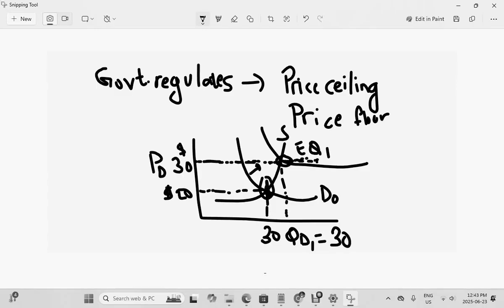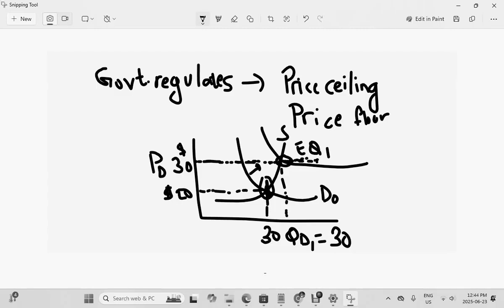Remember, the supply curve has not changed as a result of this price ceiling and the change in taste. So unless the price ceiling changes the location of the supply curve and shifts it to the right, there will be a shortage.